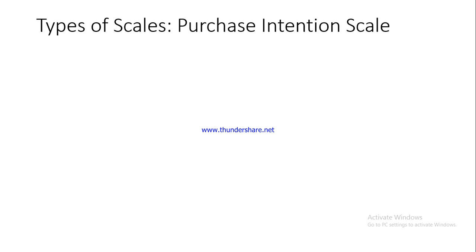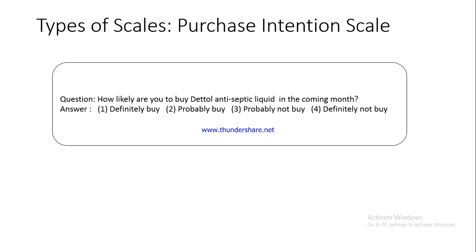Now let us talk about one more type of scale, which is called the purchase intention scale, and it is self-explanatory. Basically, using this scale, we are trying to assess whether a respondent intends to purchase a particular product or a particular brand in the near future. And this is what has been shown here.